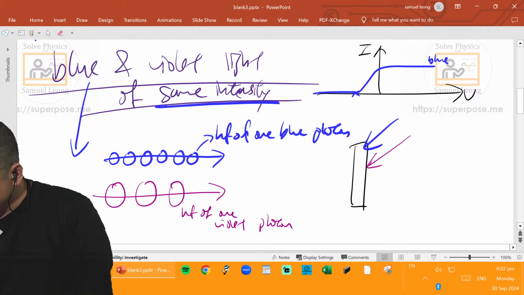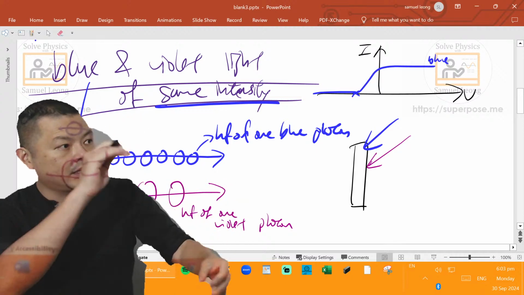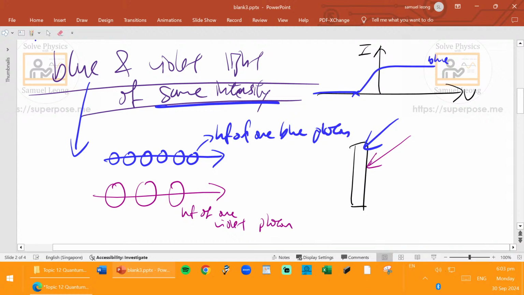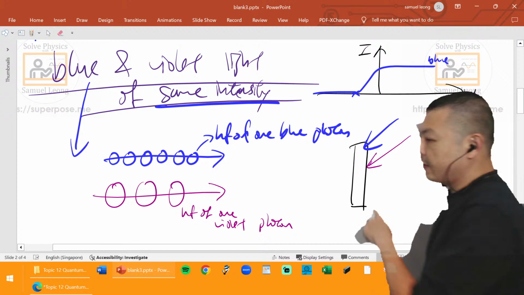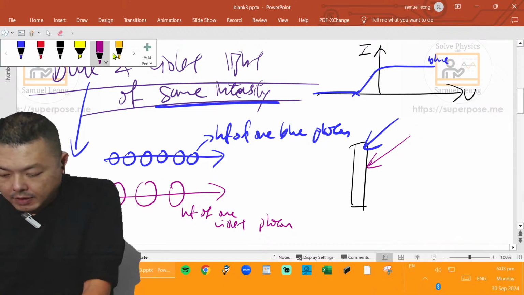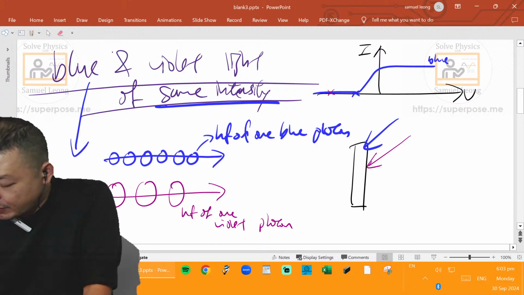But for violet of the same intensity and higher frequency, you will have a graph that looks like this. A violet light would require a more negative stopping potential, and therefore the graph will start from here.